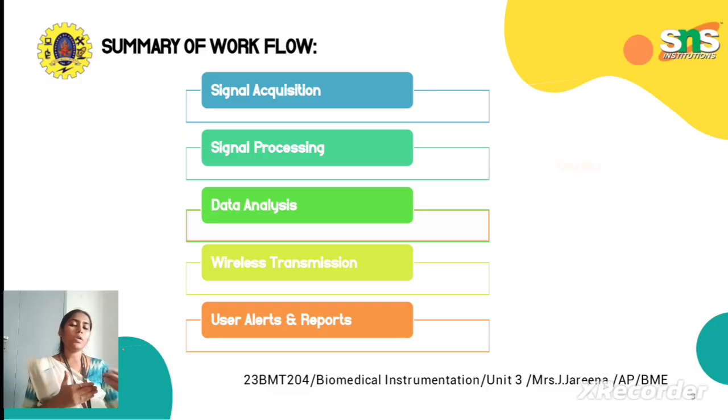Then we can also have report generation for future follow-up, and user alerts based on the data analysis given by the AI. The AI will alert the user based on the clinical data, whether it is normal or abnormal. In case of any abnormal case, this device or app will give alerts to the user and also the physicians.